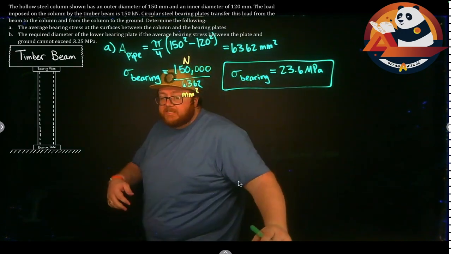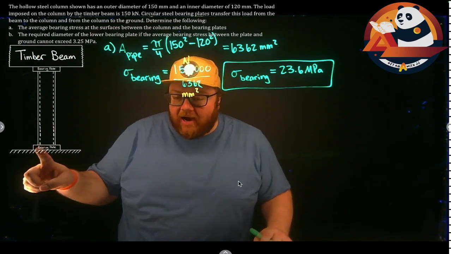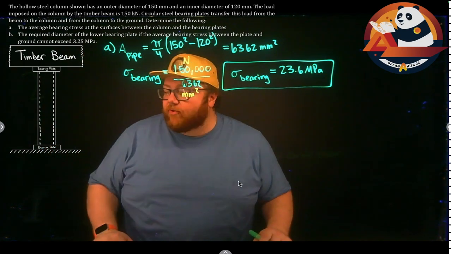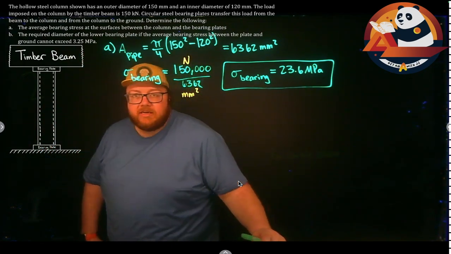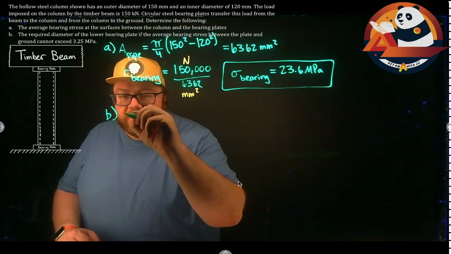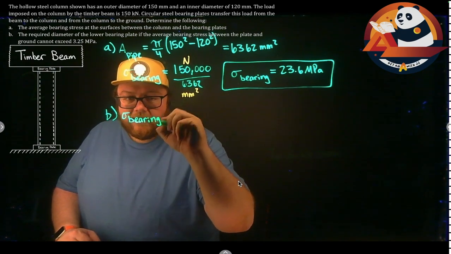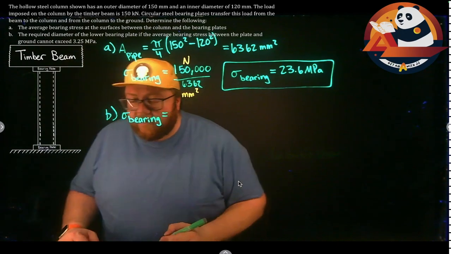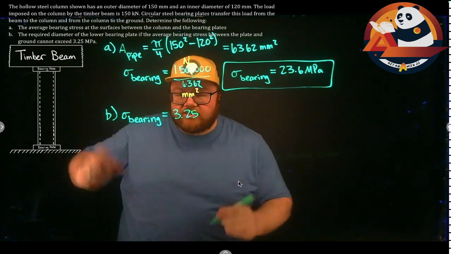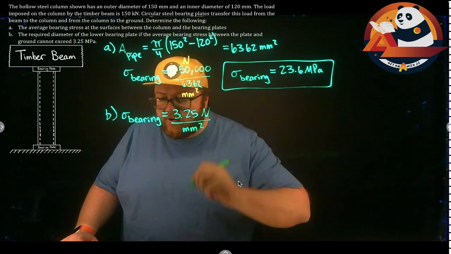From there, I can plug on and say, what about part B? The required diameter of the lower bearing plate, down at the bottom, if the average bearing stress between the plate and the ground can't go above 3.25 megapascals. So now I'm looking at part B, and I'm saying my sigma bearing here is going to be 3.25 megapascals, or that's my newtons per millimeter squared.